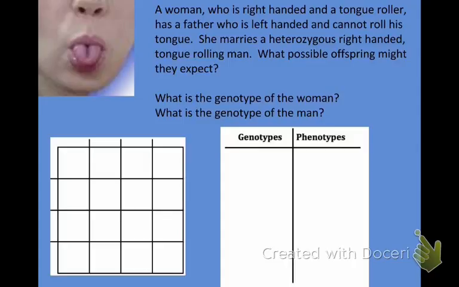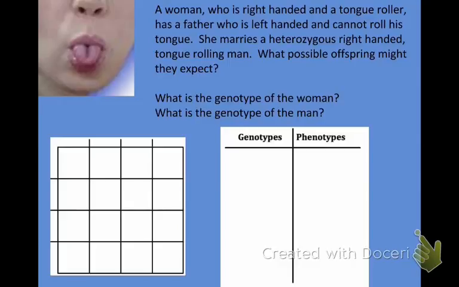The woman is right-handed and a tongue roller whose father is left-handed and cannot roll his tongue. So she has to be heterozygous. All right? Because she's dominant, but she must have gotten the dominant side from her mother. She marries a heterozygous right-handed tongue-rolling man. What possible offspring might you expect?